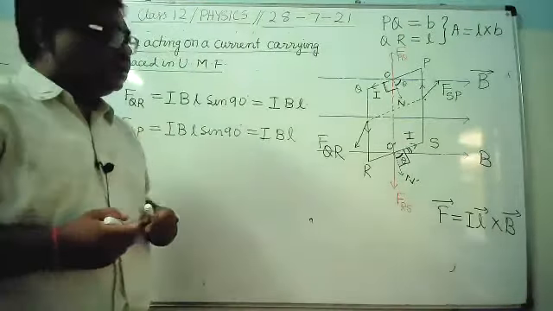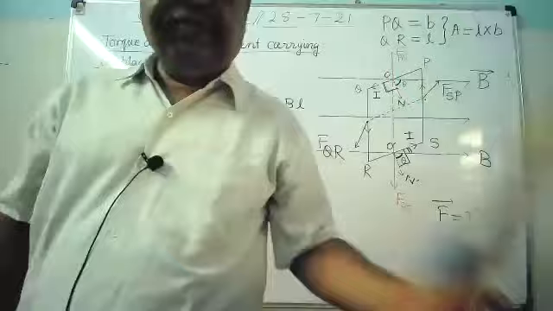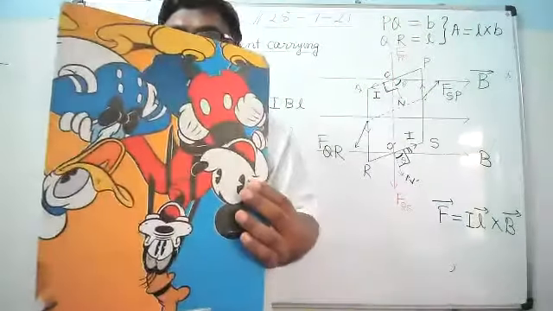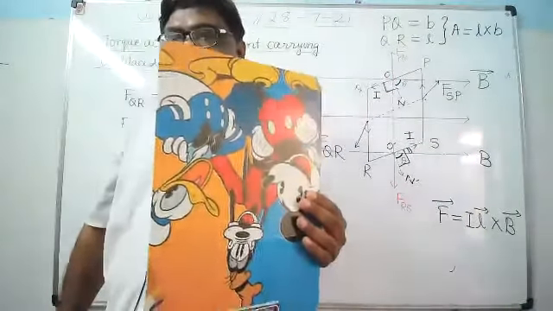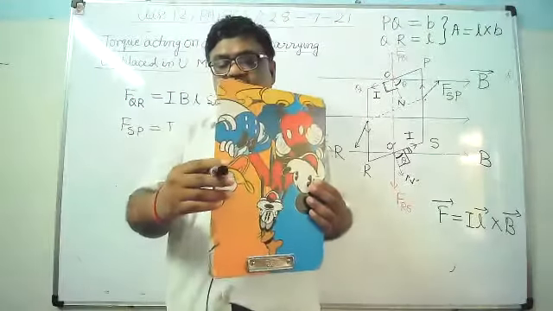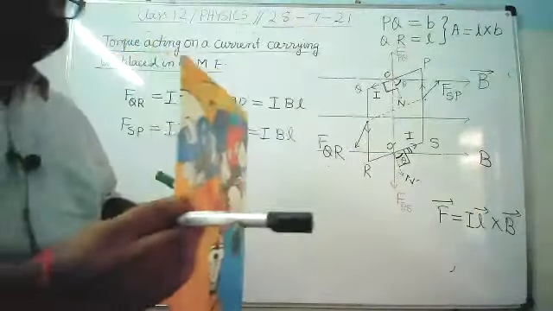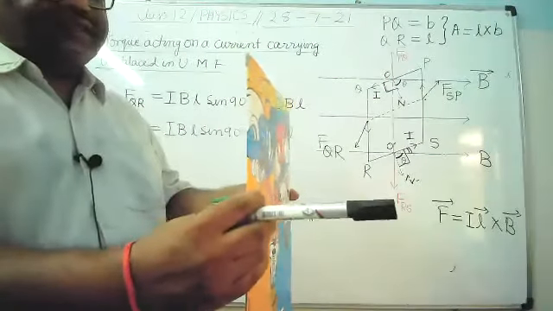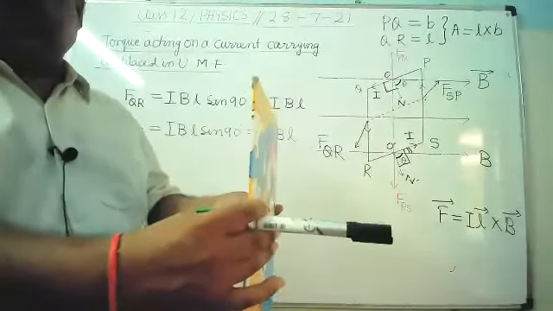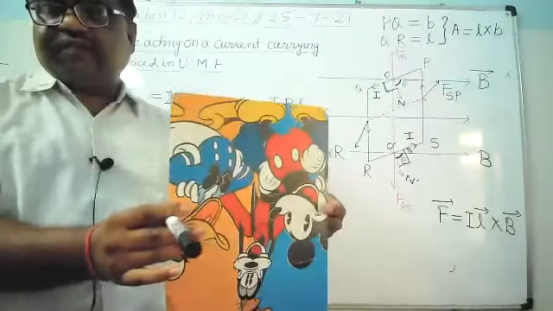So see here, if we see the direction of forces acting on QR and on SP, the force on QR is like this and on SP it is like this. You can see both the forces are equal in magnitude, opposite in direction.